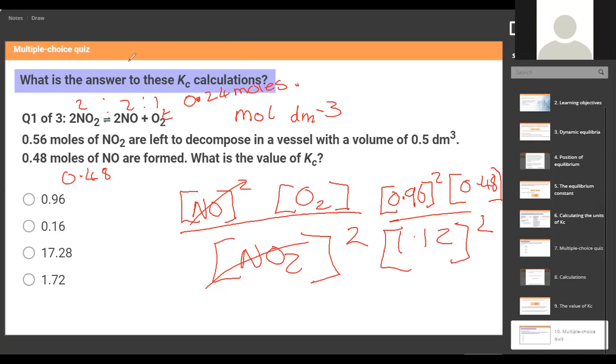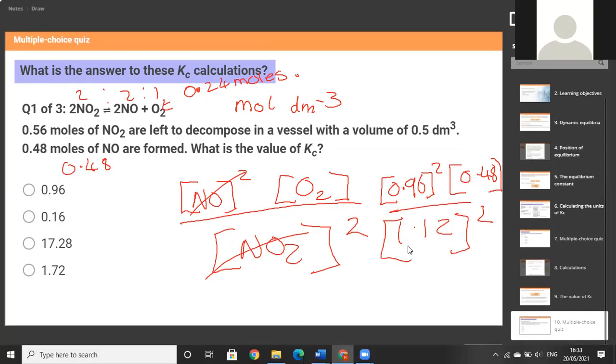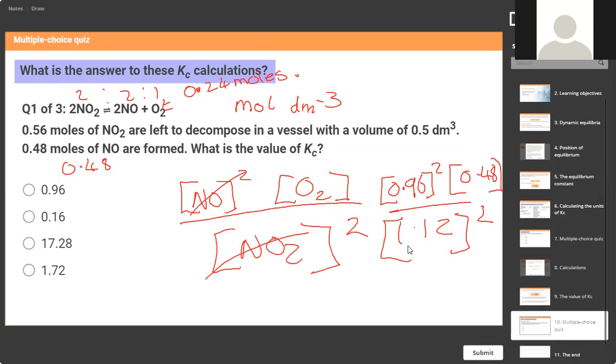Why is the mouse not working? No, here we go. I'm just going to pop this all into my calculator because I foolishly decided not to work this out before doing this. So I'm just putting in that equation there into my calculator, 0.48, 1.2.